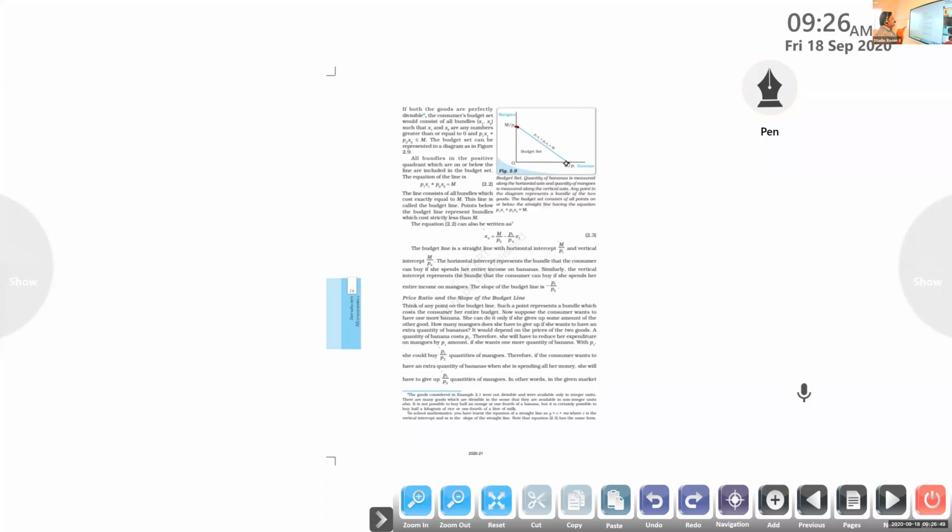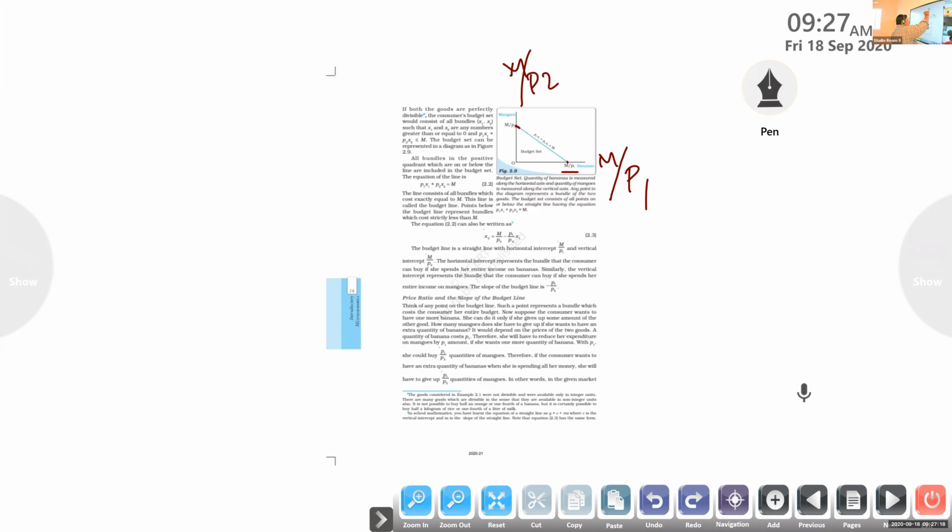In the intercepts you can see M divided by P2 on the vertical axis and M divided by P1 on the horizontal axis. This is the maximum limit. Here we can find an intersection, one horizontal, another vertical. So this is the maximum limit, and we are going to join this M divided by P2 to M divided by P1.